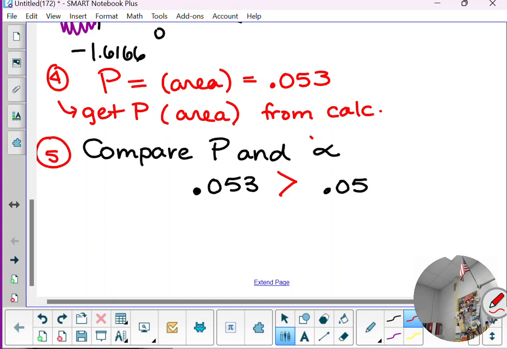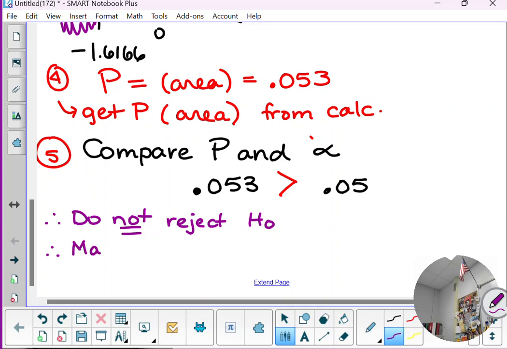It's just a little bit bigger, but it's bigger. Therefore, we do not reject the null hypothesis. Remember, we either reject it or we don't. We never accept it.